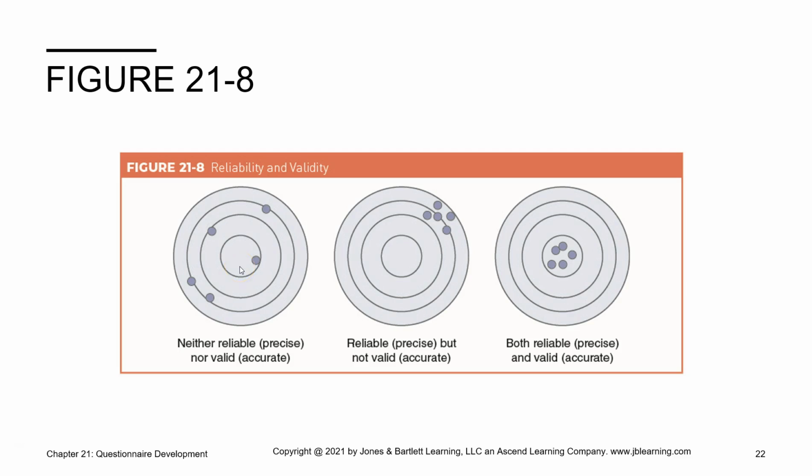If everything is neither reliable nor valid, they'd be all over the place. Now, if something is reliable and precise but not accurate, then they're going to the same place each time, but they're not going where they're supposed to go and not measuring what's supposed to be measured. If something's both reliable and valid, then it's in the center of the dartboard each time.